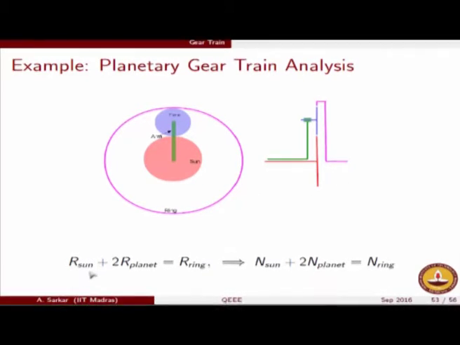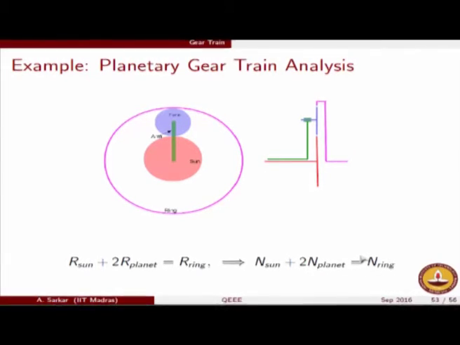So therefore geometrically you have the radius of the sun plus the diameter of the planet, or twice the radius of the planet, must be the radius of the ring. But since all of these gears have the same module, we also have the number of teeth in the sun plus 2 times the number of teeth in the planet equals the number of teeth in the ring.